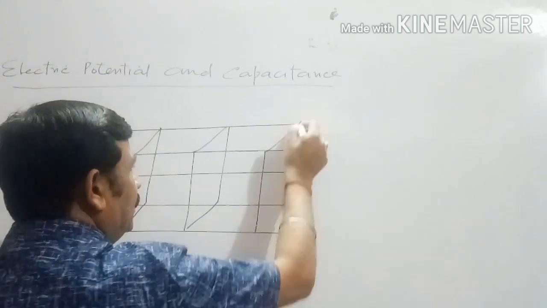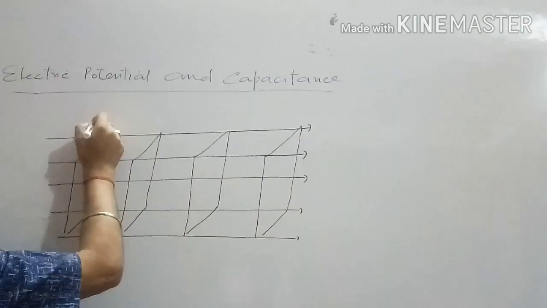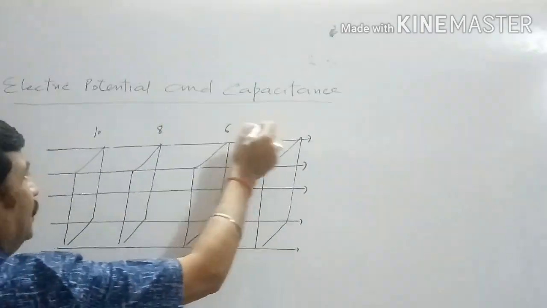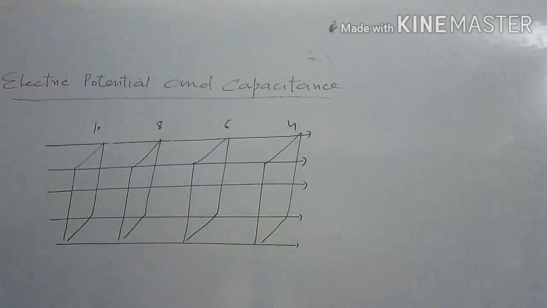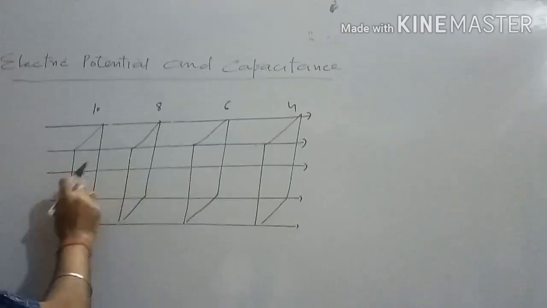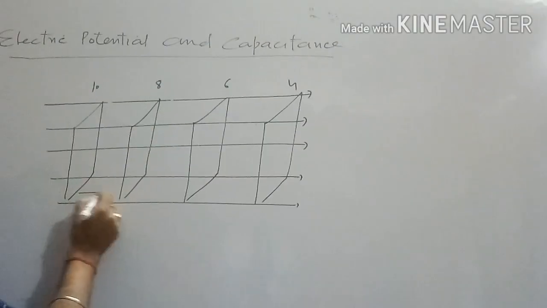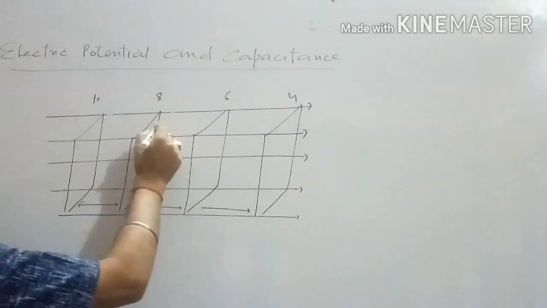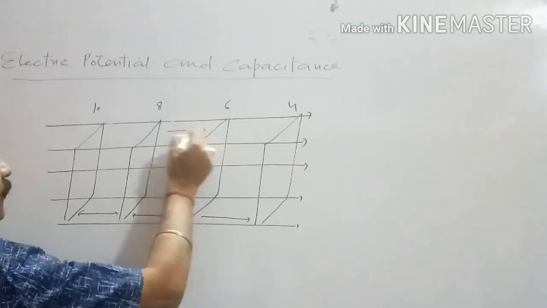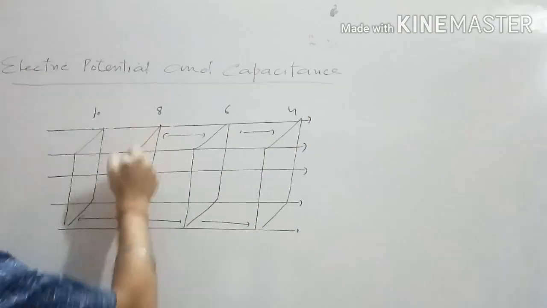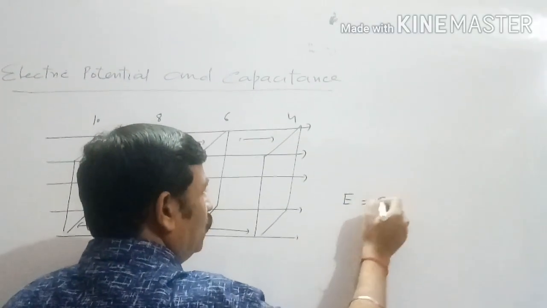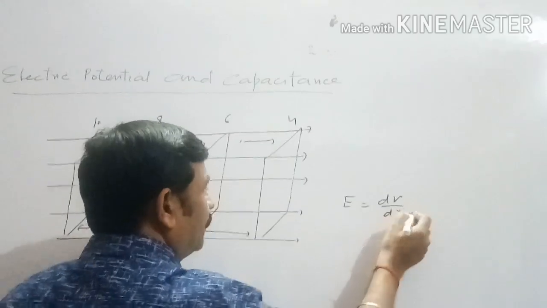Again, because of the same reason, let this potential be 20, this 8, this 6, this 4, and so on. Here the potential difference is 2. So the separation between them here, here and here will also be equal. For the same potential difference, the separation is the same, so intensity will be equal because in magnitude form E is equal to dV by dx.